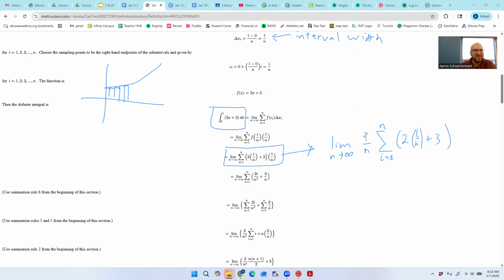Here I can tell because this is 1, I can say the integral from 0 to 1. Does that make sense? This part is going to be, and that is what I got that from this part. This right here is my function.